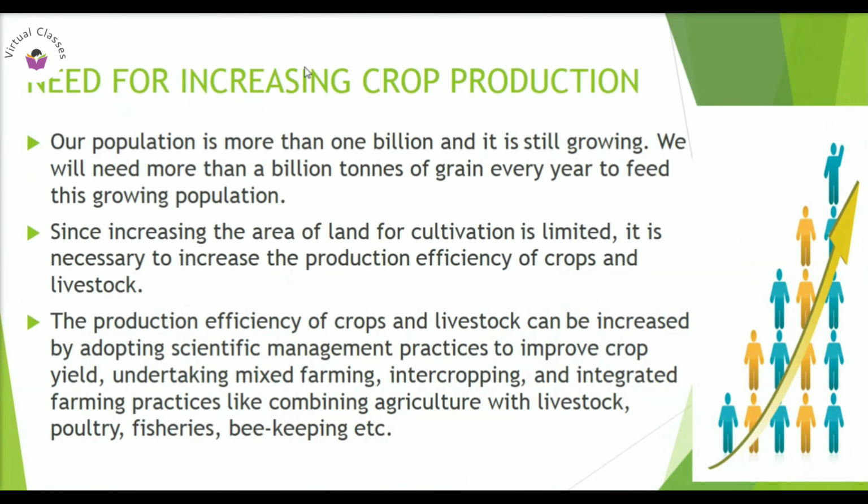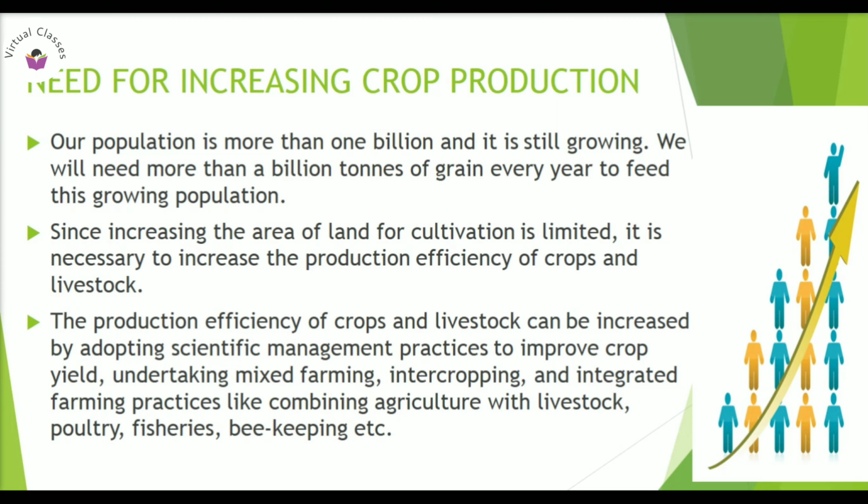So let's understand first what is the need for increasing crop production. As we know that our population is more than 1 billion and it is still growing. We will need more than 1 billion tons of grain every year to feed this growing population. Since increasing the area of land for cultivation is limited, it is necessary to increase the production efficiency of crops and livestock.